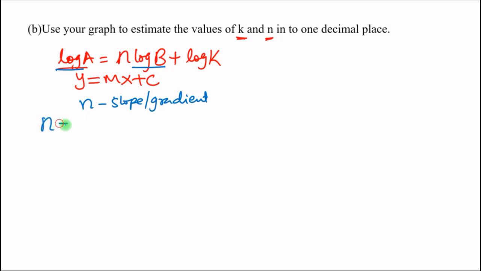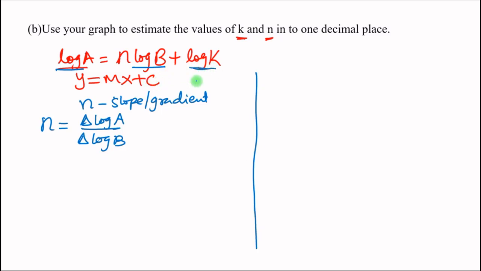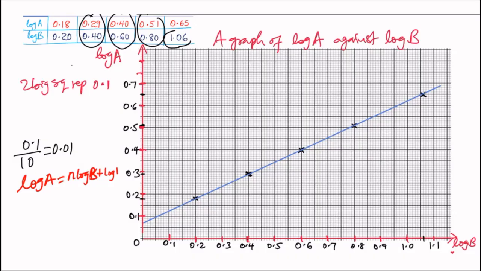So for us to find n, it will be change in log A over change in log b. For k, it is the y-intercept, so log k will be equal to the y-intercept. Therefore, we need to get this from the graph, and from the graph we need to choose at least 2 points.